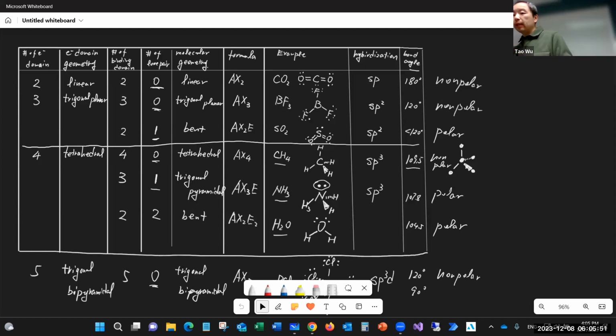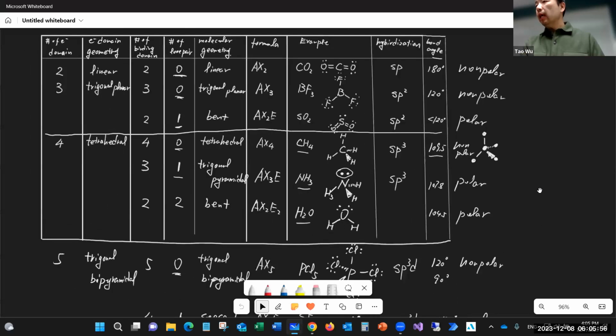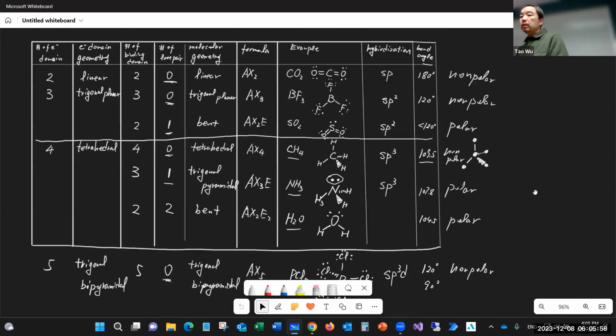And 6 electron domains is octahedral. Based on the number of bonding domains and the number of lone pairs, it gives you different variations.